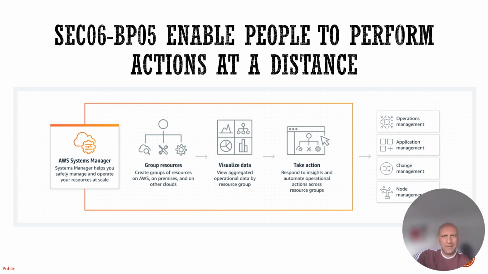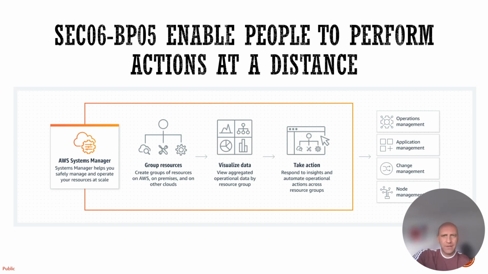Run command allows you to automate common administrative tasks and perform one-time configuration changes at scale. You can use run command from the AWS Management Console, the AWS command line interface, as well as AWS Tools for Windows PowerShell or the AWS SDKs.